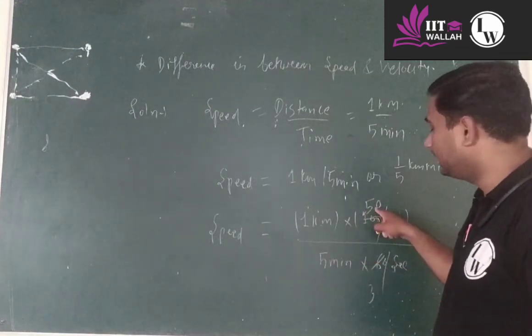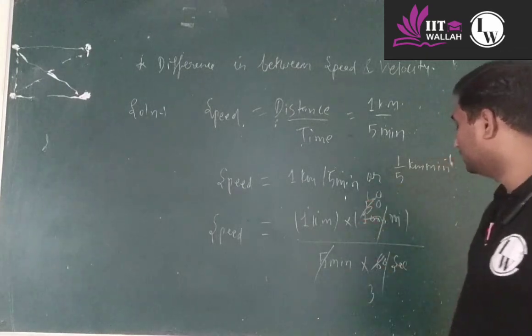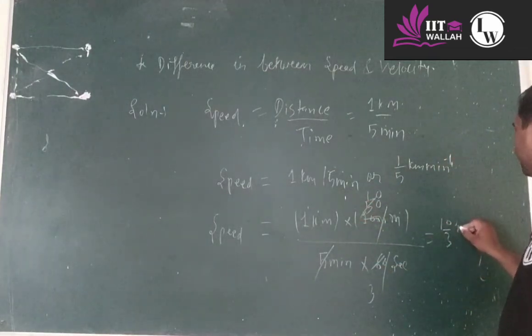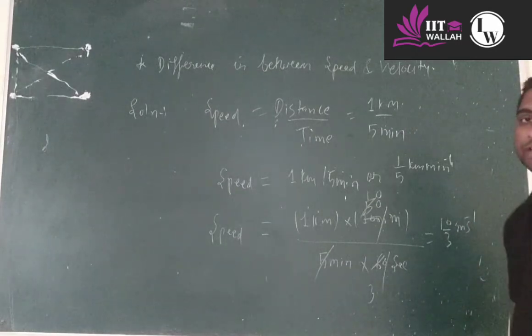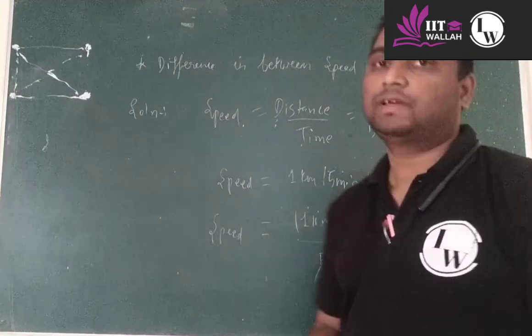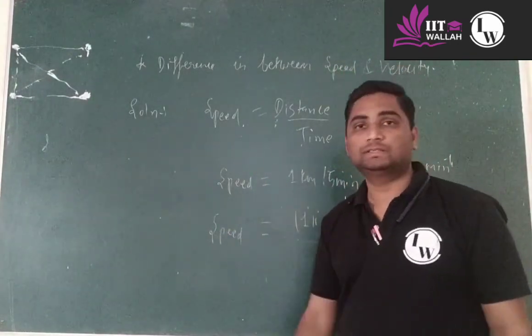Now here 5 and here 50, so 5 comes up 5 and 5 0 is 0. So speed will be 10 by 3 meter per second. Okay. I will discuss further on this later.